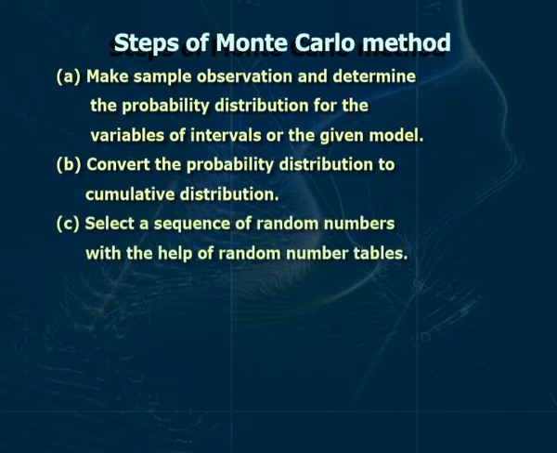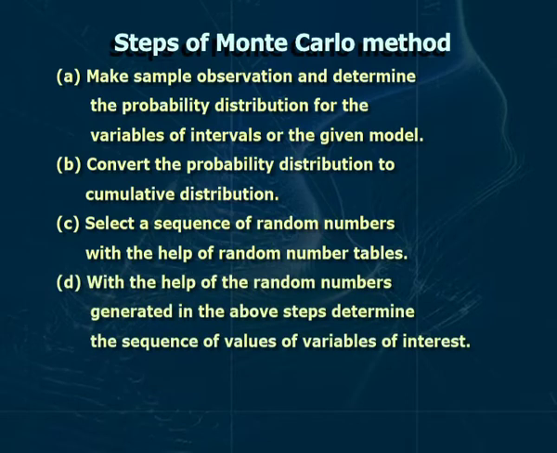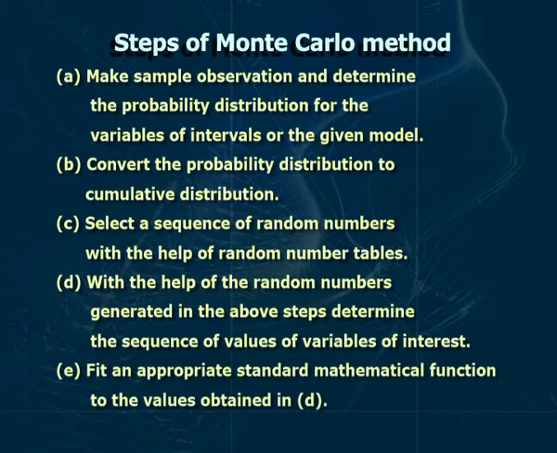C. Select a sequence of random numbers with the help of random number tables. D. With the help of the random numbers generated in the above steps, determine the sequence of values of variables of interest. E. Fit an appropriate standard mathematical function to the values obtained in D.